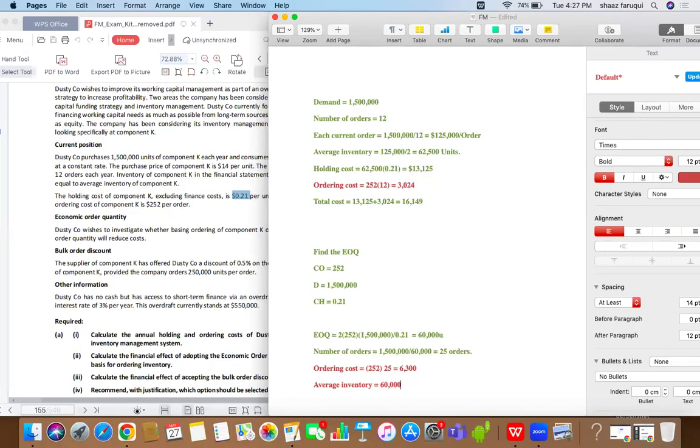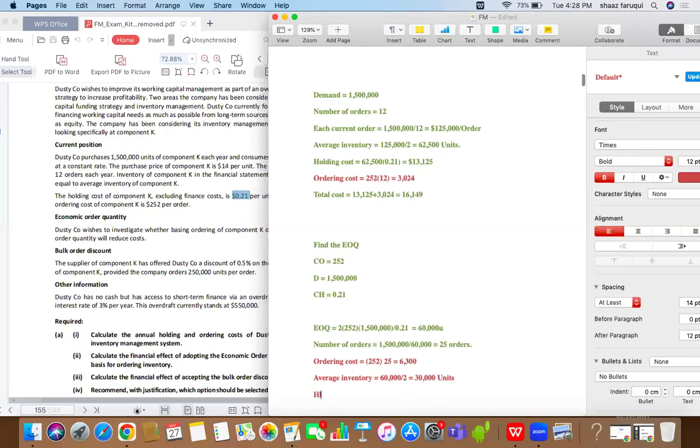Then again, we will place the order, it will be 60,000. Then gradually it will get sold. So it is 60,000 plus 0, which is the same as 60,000 divided by 2. On average, at any given day, we're holding 30,000 units in the warehouse. And the holding cost is how much? As per the question, 30,000 into 0.21, which is how much?